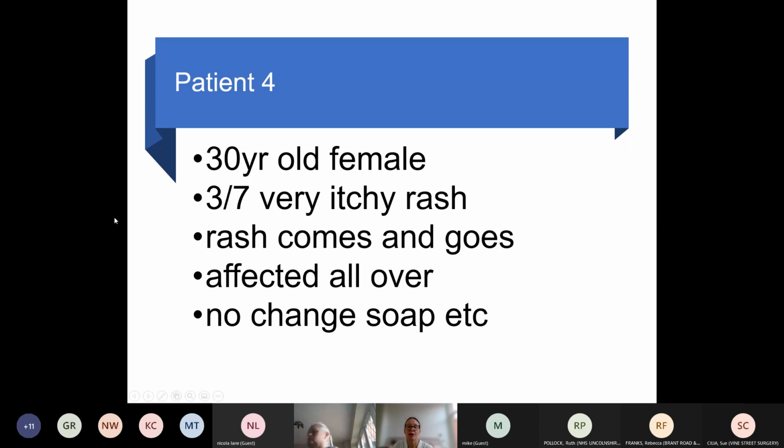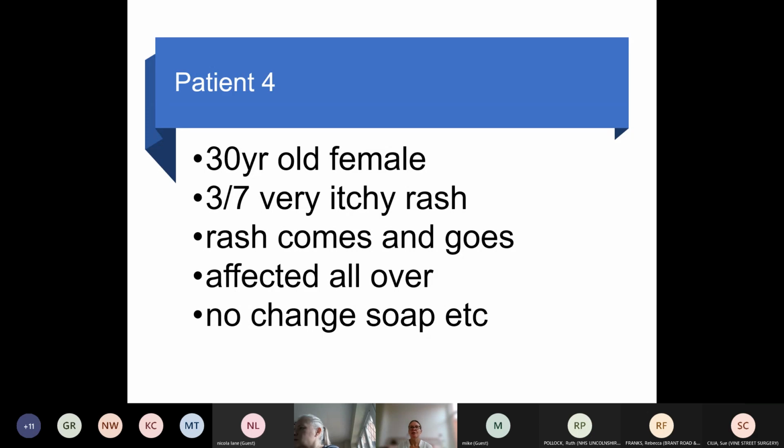Where is the rash? Everywhere. So she gets the rash in different places, but it comes up somewhere, and then it goes, and it comes up somewhere else, but everywhere has been affected. Social history, she could work as a nurse. No other particular hobbies or anything. Is she well?